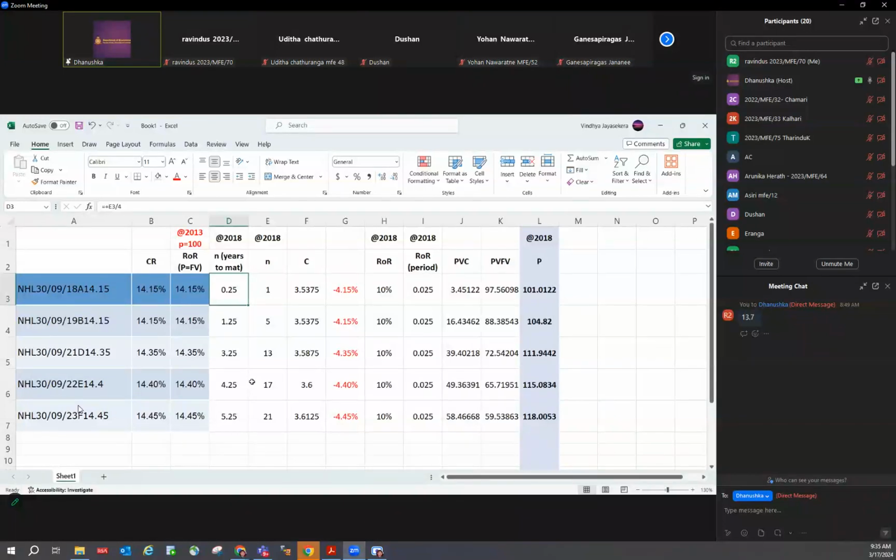But long-term bond prices are more sensitive to interest rate changes than short-term bond prices. Therefore, long-term bond prices increase more than short-term bond prices. So that's what we're trying to show through this sum.